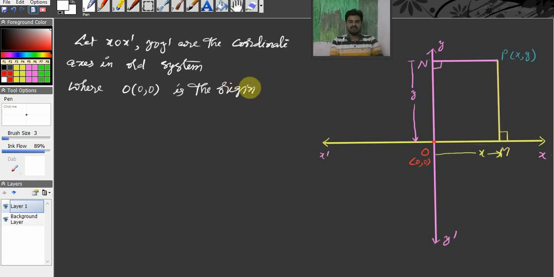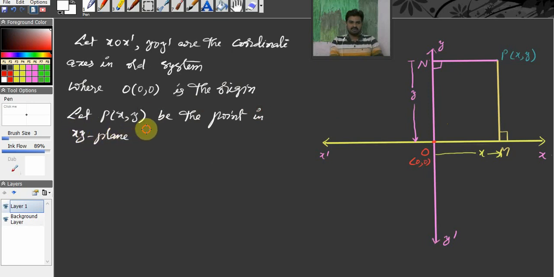After taking the origin, let P(x, y) be the point that we have taken in this system, the point in the xy plane. So this xy plane is called the world system.